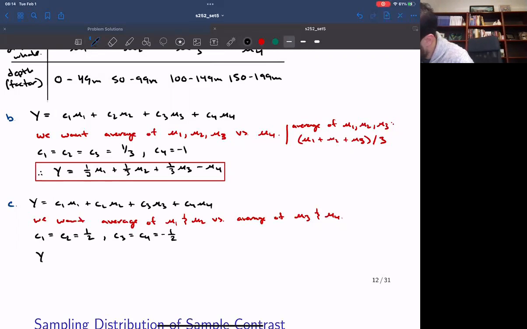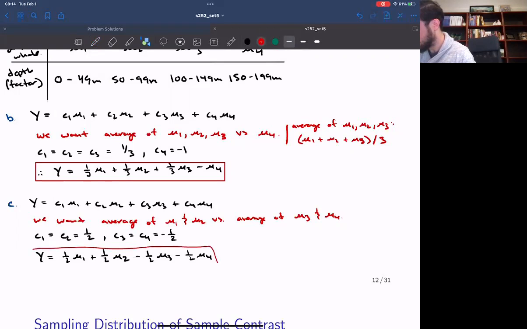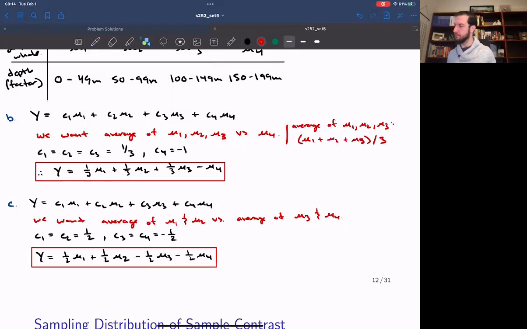So that means that gamma is going to be 1/2 mu1 plus 1/2 mu2 minus 1/2 mu3 minus 1/2 mu4. Right. Any questions?